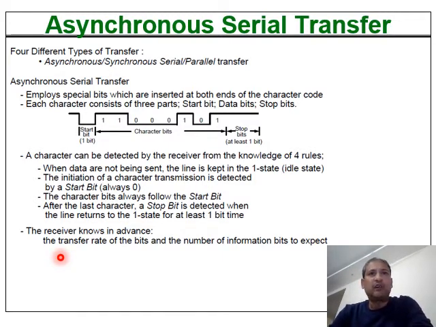Because the transfer rate of the bits will tell the receiver the length of a single bit. Let us take an extreme example: what if the entire piece of data is made up of zeros? How does the receiver know where the start bit ends and where the data begins? That can be known if the receiver knows the transfer rate of the bits.